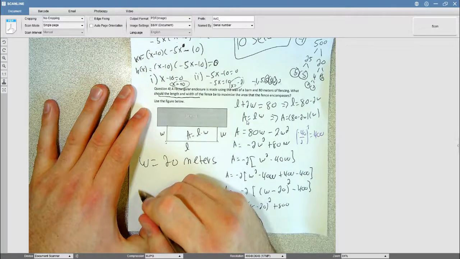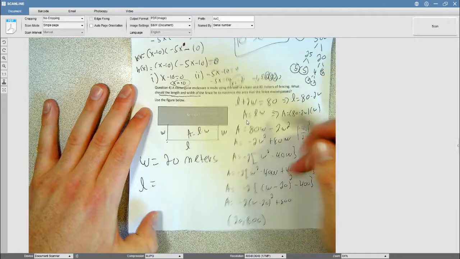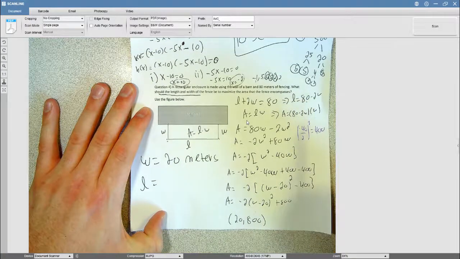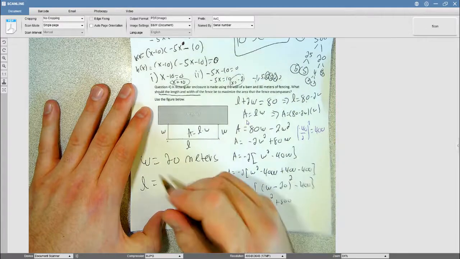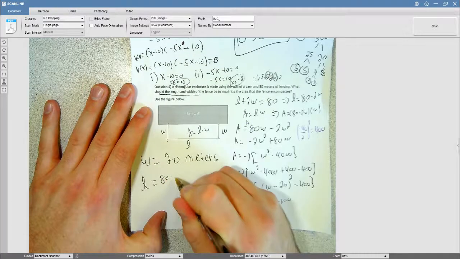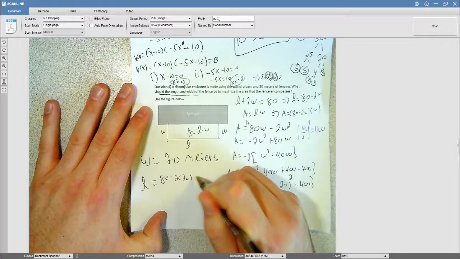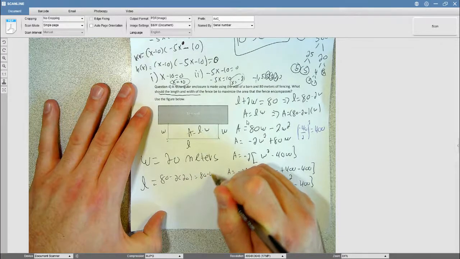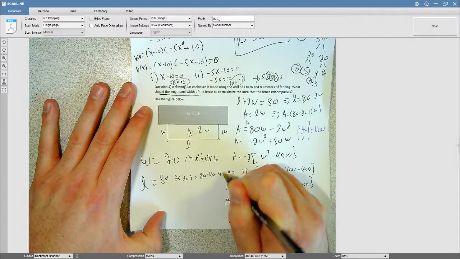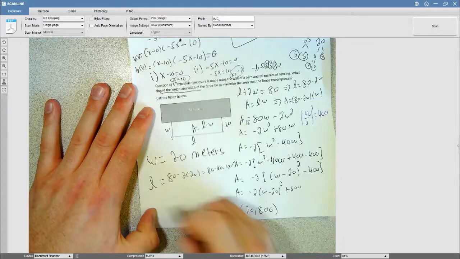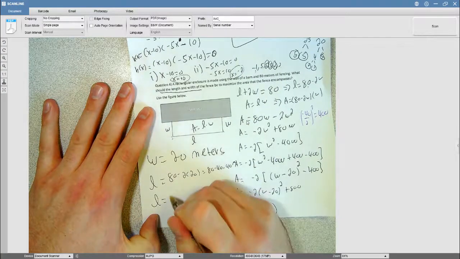But what's the length? The length, remember, was equal to 80 minus 2w. So that's 80 minus 2 times 20, which is 80 minus 40, which is 40 meters. So the length should equal 40 meters.